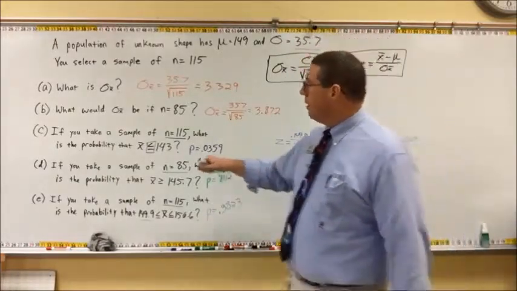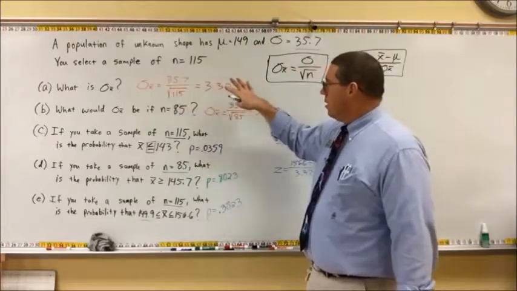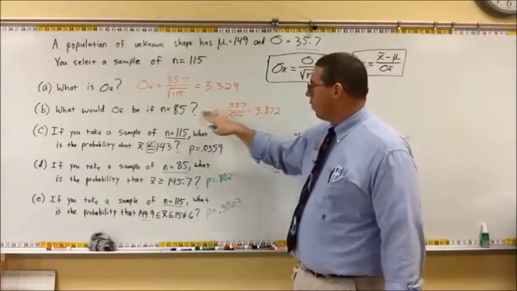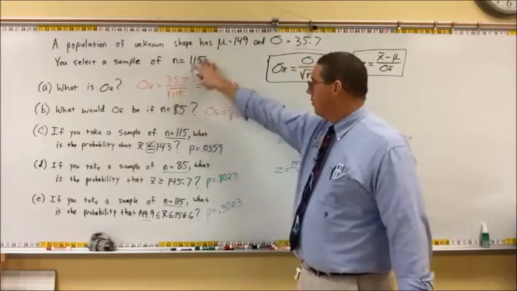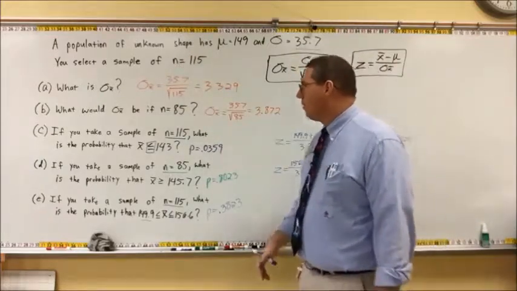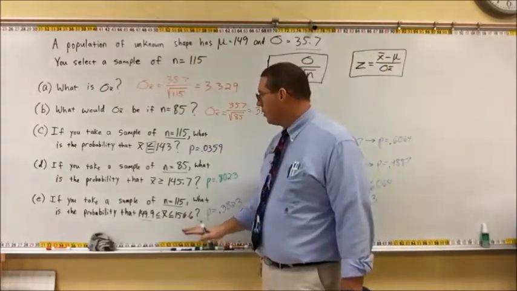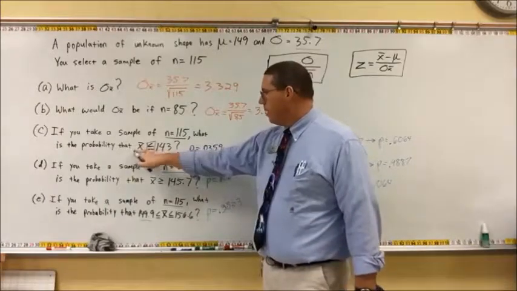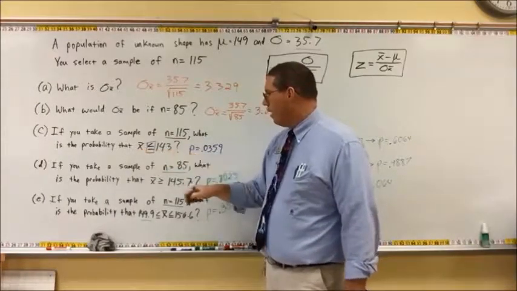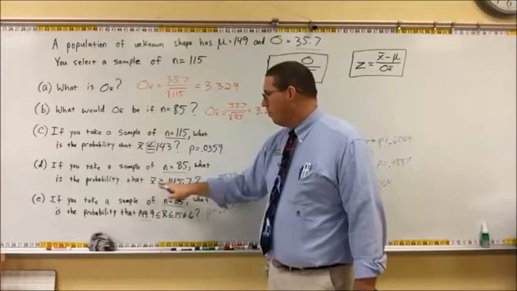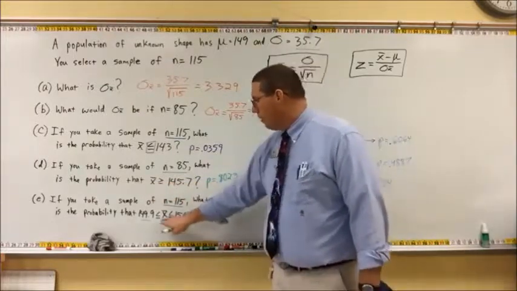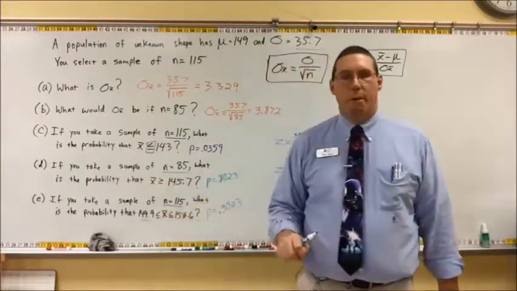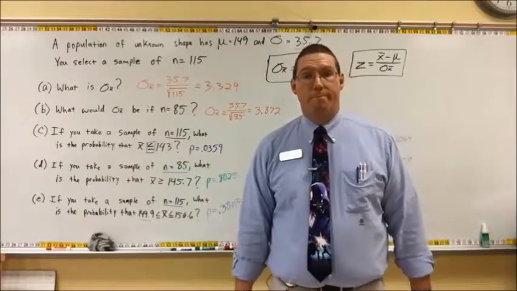So you have to be able to calculate the standard error for whatever the different sample sizes are. You have to be able to calculate the probability that a sample mean will be less than, the probability that a sample mean will be greater than a number, and the probability that a sample mean will be between two numbers. Let's try one more example.